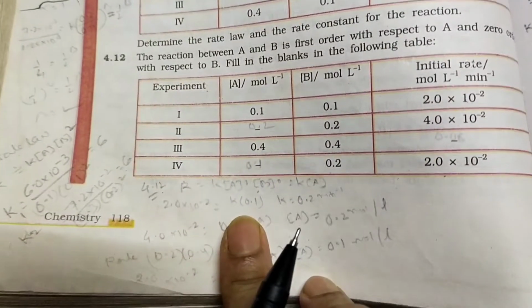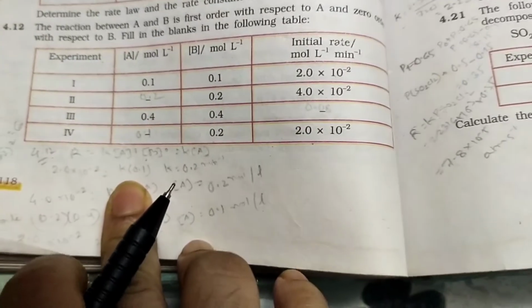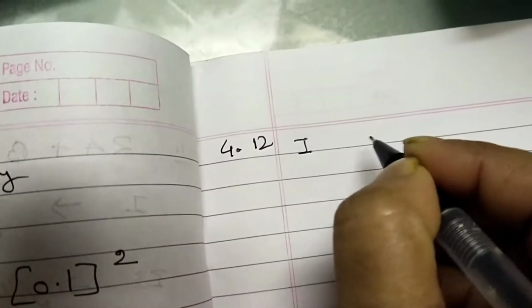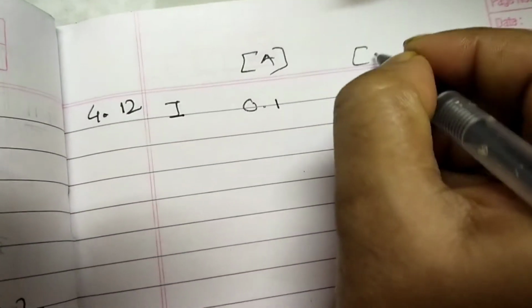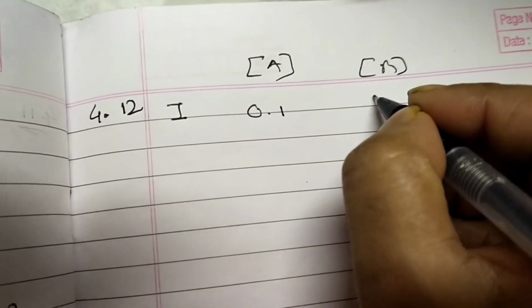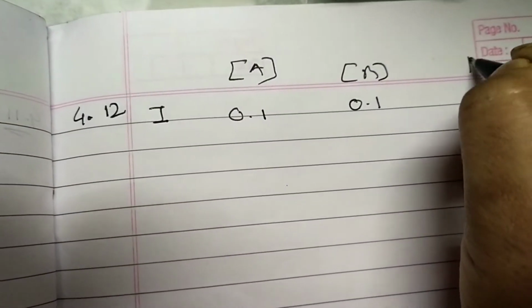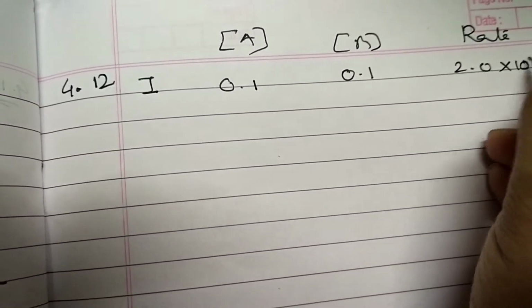Next one is coming for 4.12. Look here, some gaps are present, and you have to find out the gap, fill in the blanks. So I am just writing here the experimental setup, so you can find out very easily. Concentration of A is 0.1, concentration of B is 0.1, and rate is 2.0 into 10 to the power minus 2.